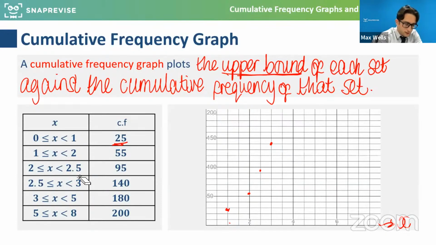Then by the time we get to 5, it's up at 180, which will be around here. There we go. And then at 8, it's up at 200.